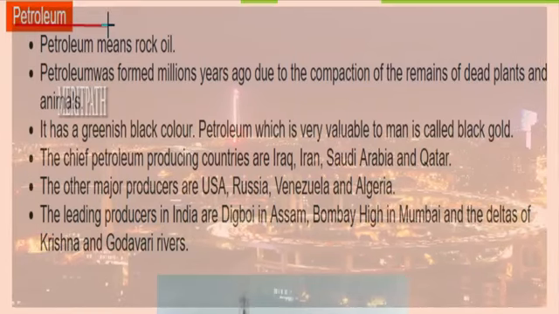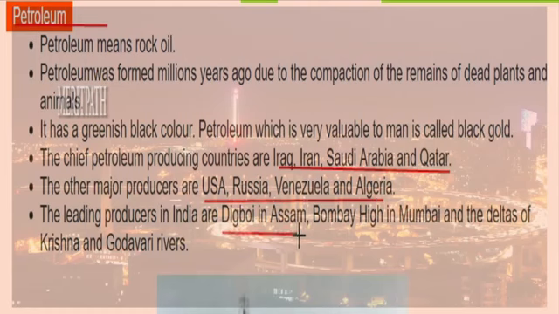It is also known as black diamond because it is abundant and very precious in nature. The chief petroleum producing countries are Iraq, Iran, Saudi Arabia and Qatar, whereas the major producers are USA, Russia, Venezuela and Algeria. India also produces petroleum in Digboi in Assam, Bombay High in Mumbai and the deltas of Krishna and Godavari.